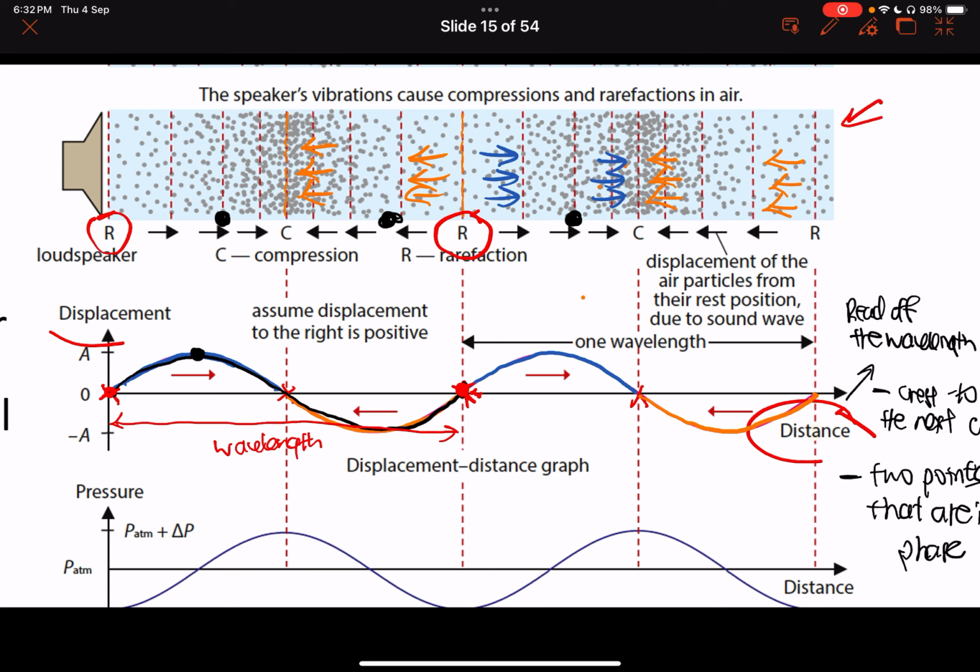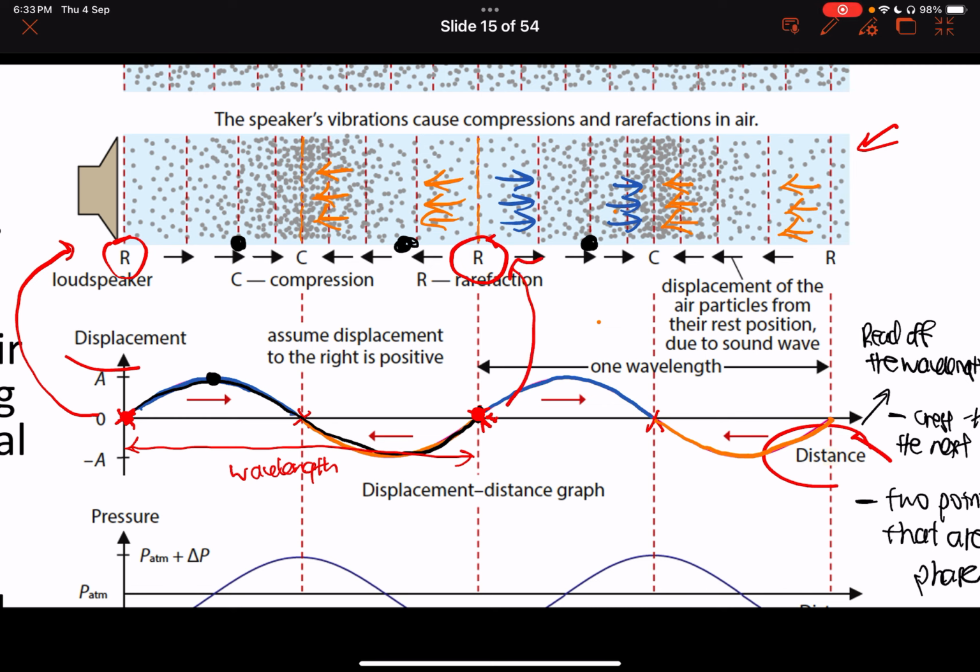Where exactly does all this equilibrium position lie in the diagram above? You will realize that it is the rarefactions. So between two rarefactions, you can also read off the wavelength of a graph. If you can read off from two rarefactions, that means you can also read off from two compressions.